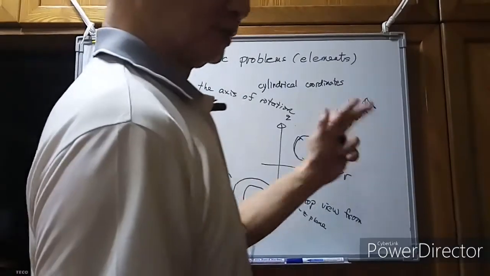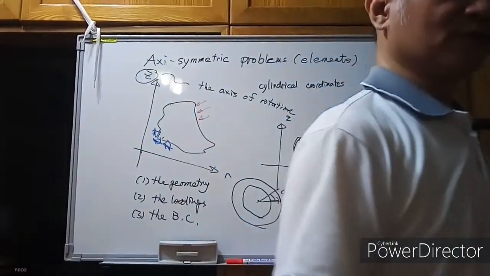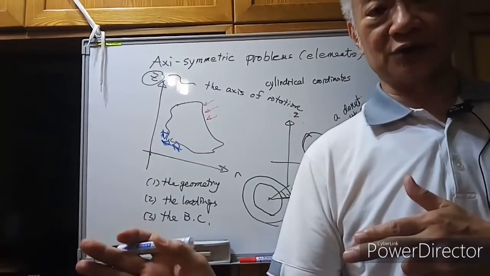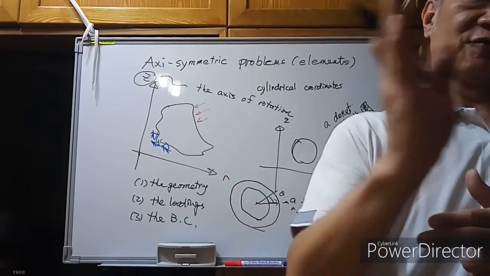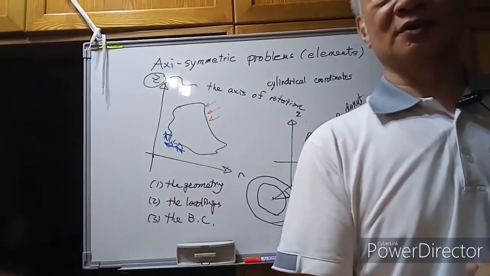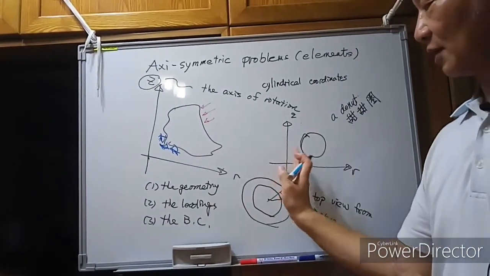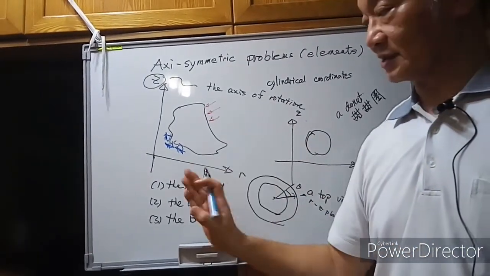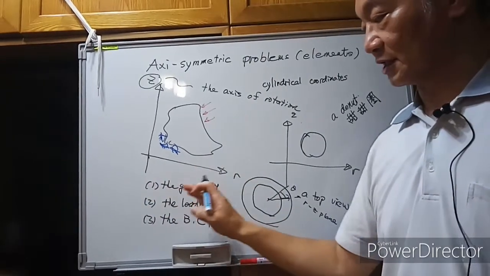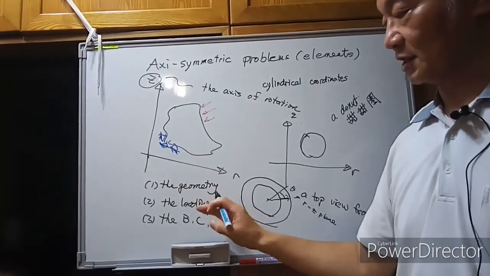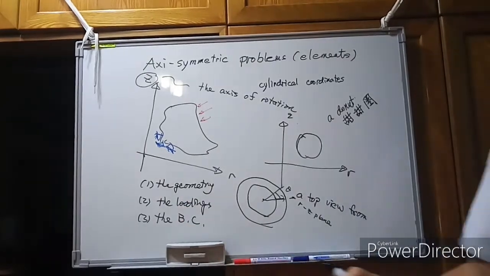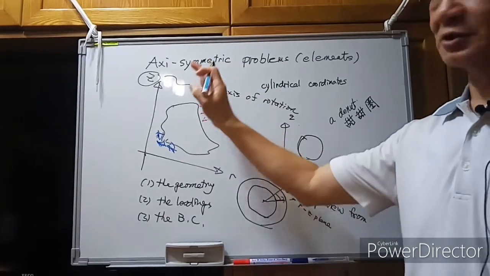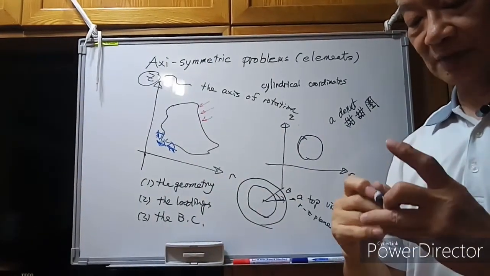No matter the value of the rotation angle, if we change the angle theta from one radial direction, then you can define another RZ plane, and you can see exactly the same geometry, exactly the same loadings, exactly the same boundary conditions. Okay, so that's axisymmetric.